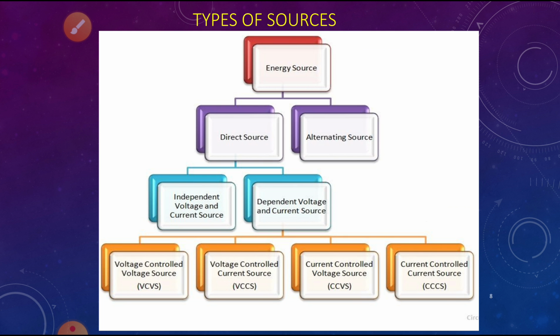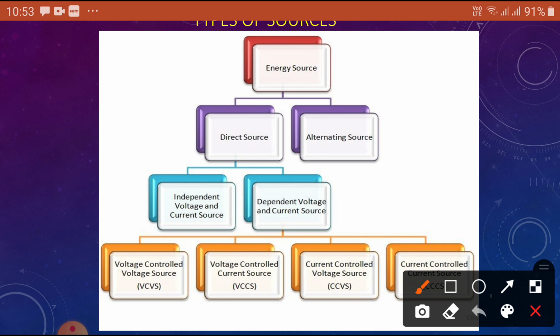Now the types of sources are further classified into direct sources and alternating sources, that means DC sources and AC sources.